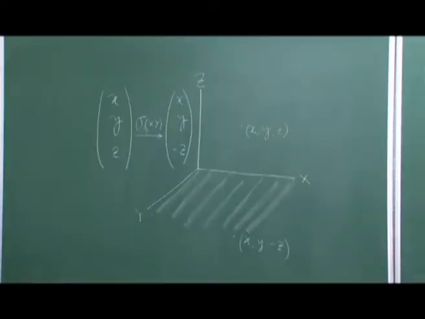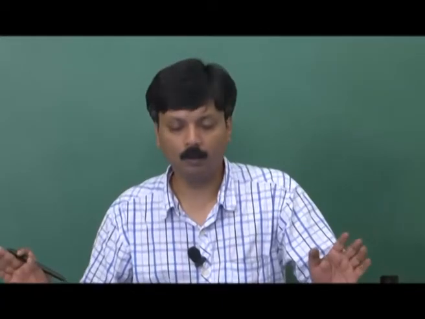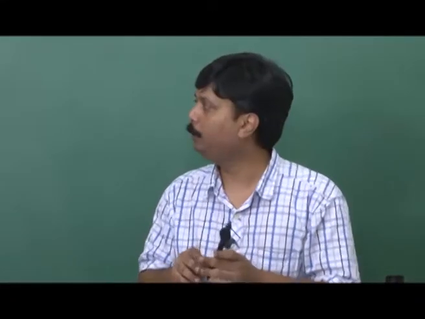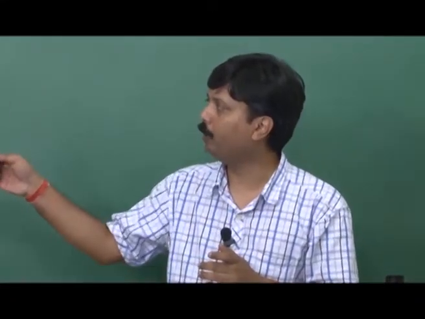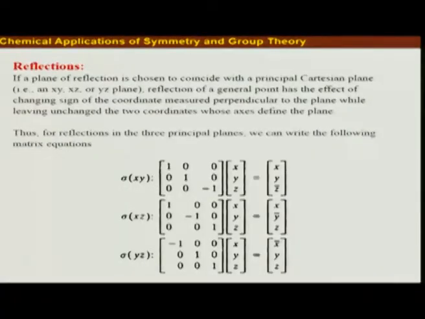So in order to find the matrix form for this particular operation sigma xy, I have to form a matrix which makes this transformation from one column vector to the other column vector. So here if you look at your screen, you can see the matrix representation for sigma xy, and this will be pretty easy for you to understand.